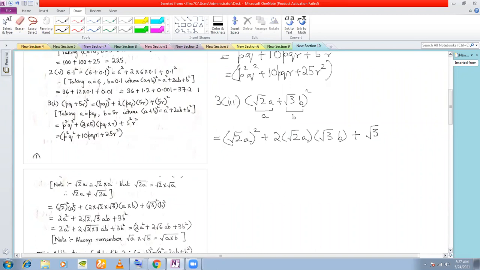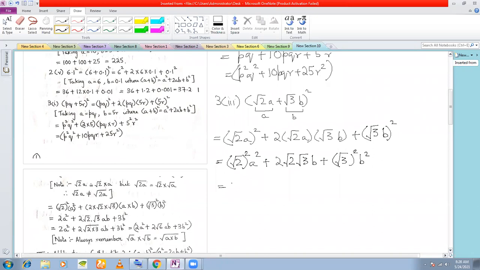And then you have root 3 into b. So now this becomes root 2 square a square plus, now you multiply all this, 2 into root 2 into root 3 b plus root 3 square b square.